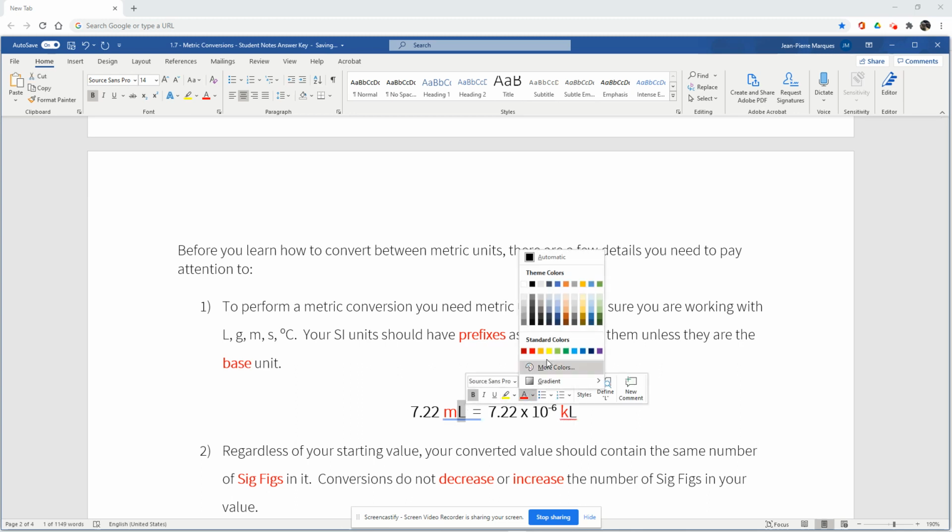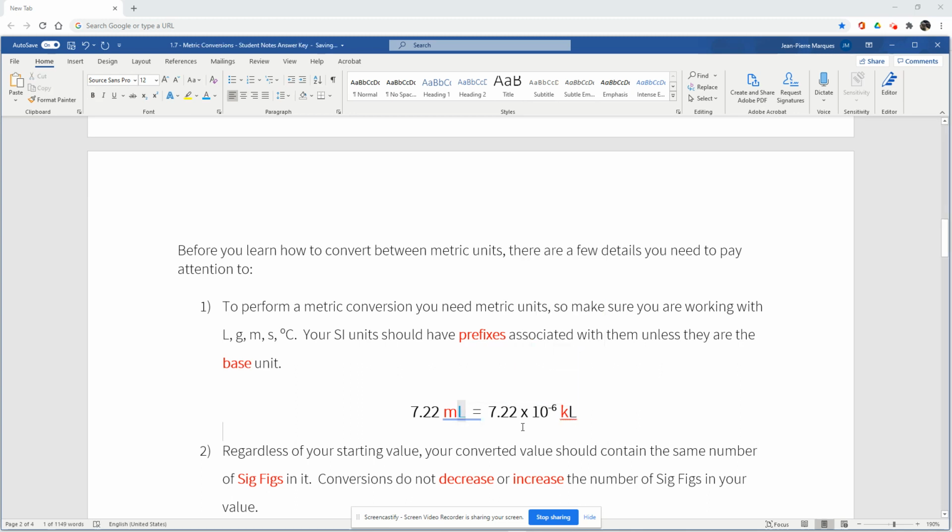Okay, so I'm just going to color it blue to indicate it's my base unit. In front of it is a prefix. That prefix, that letter, tells me what size those liters are. Okay, and we'll go into a second how we distinguish that. But again, the main point I'm trying to get across here is if there is a prefix in front of your unit, it is not your base unit, it is some sort of multiplier of it.